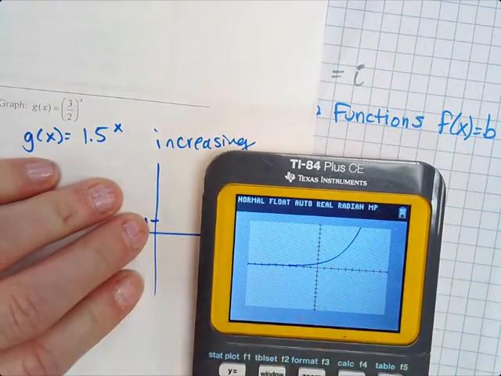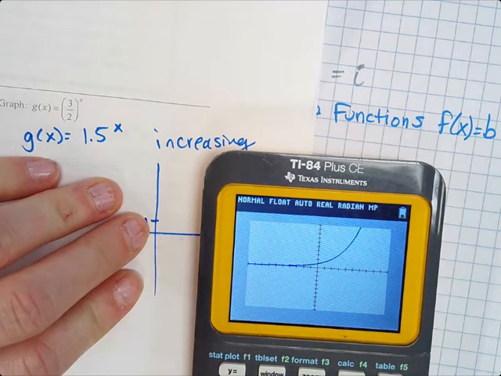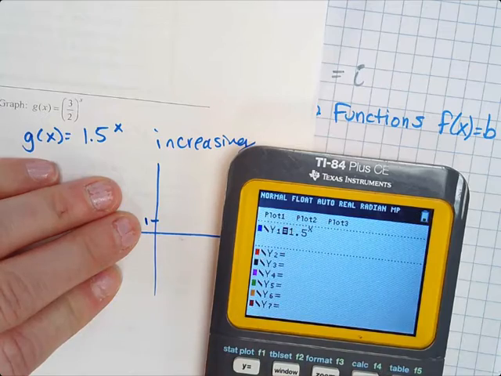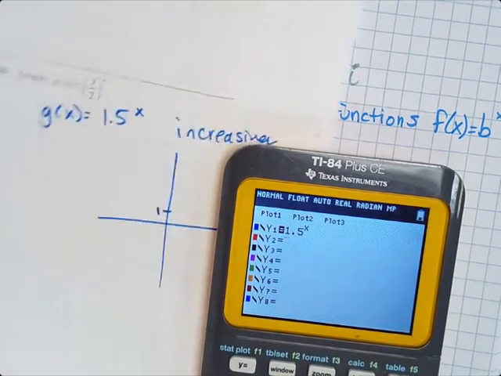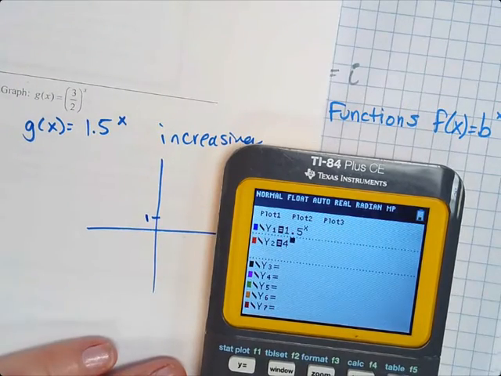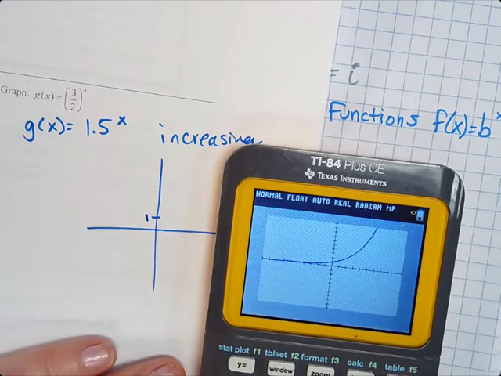So how does this one compare to the other one, the 2 raised to the x power? Do I remember what the other one looks like? Or was it 4? What did we do? Okay, it was 4. So 4 raised to the x. How do they compare to each other?